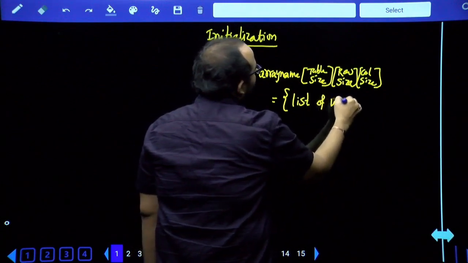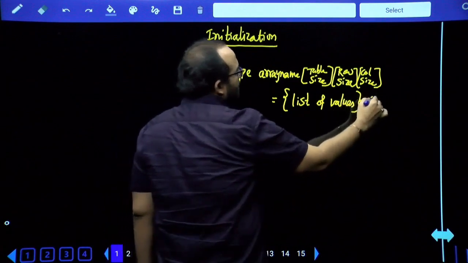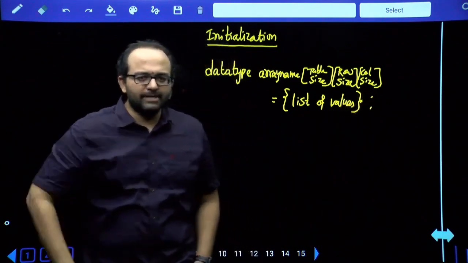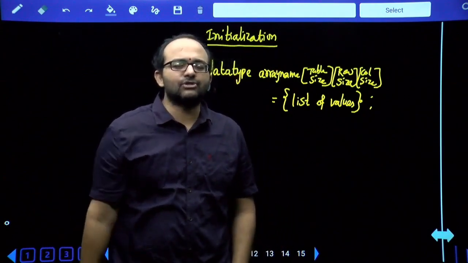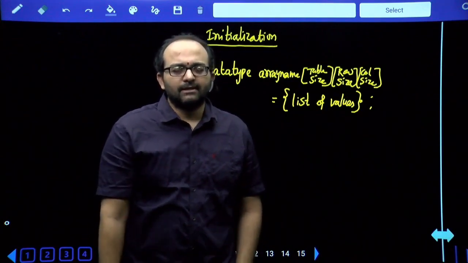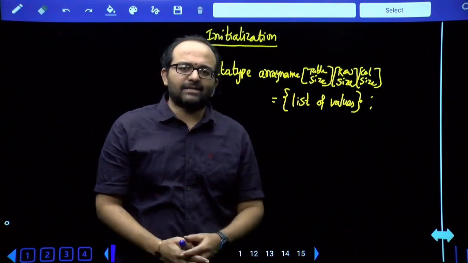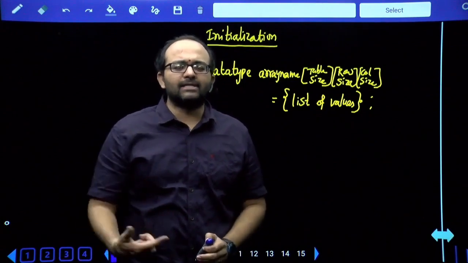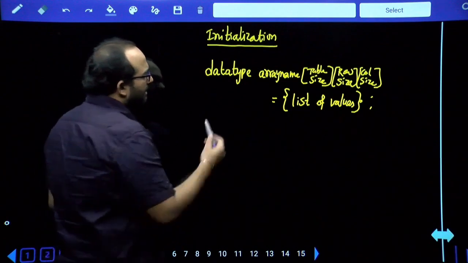We have to mention the list of values here and followed by semicolon. So the list of values can be specified either row wise initializer list or table wise initializer list. Suppose you want to create two tables, then write down all the elements which are related to table 1 in the first initializer list and table 2 in the second initializer list. So we will consider an example here clearly.